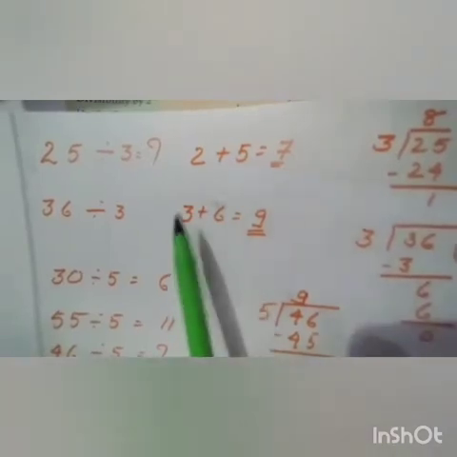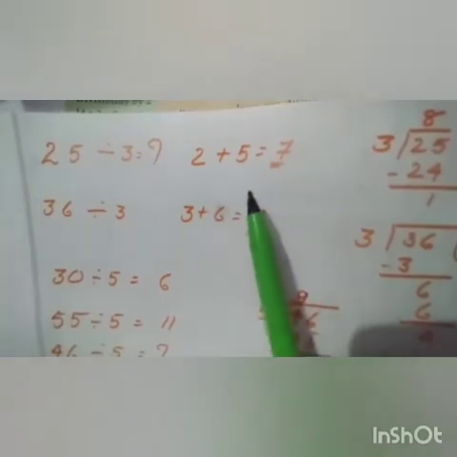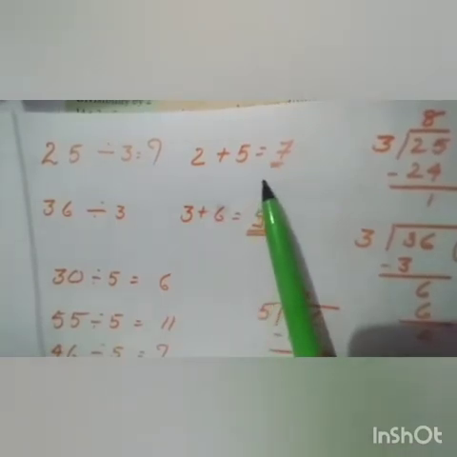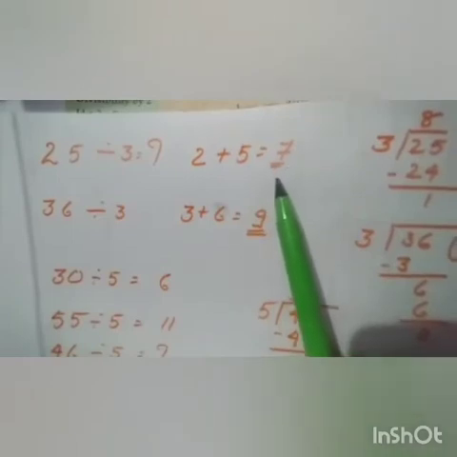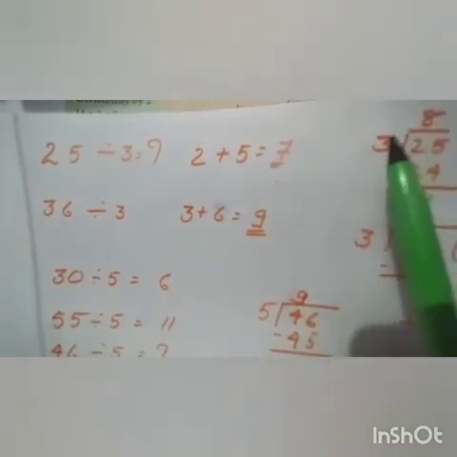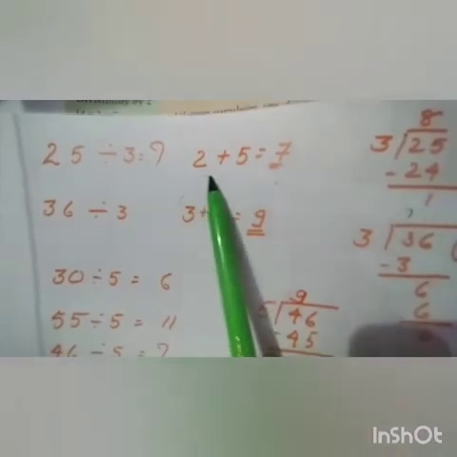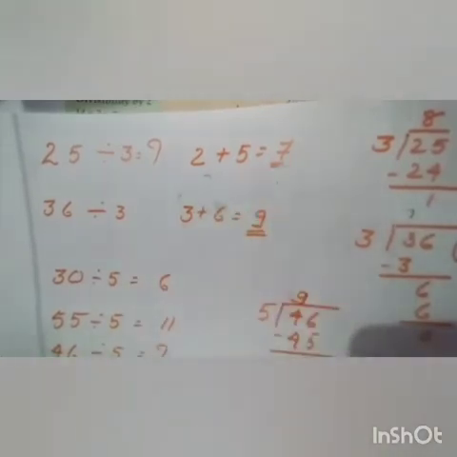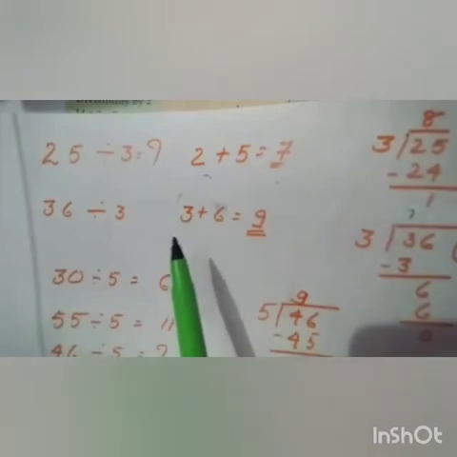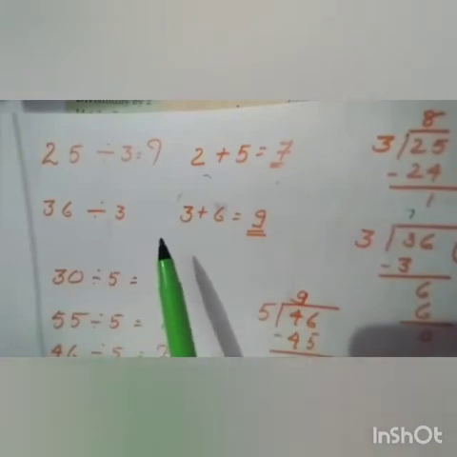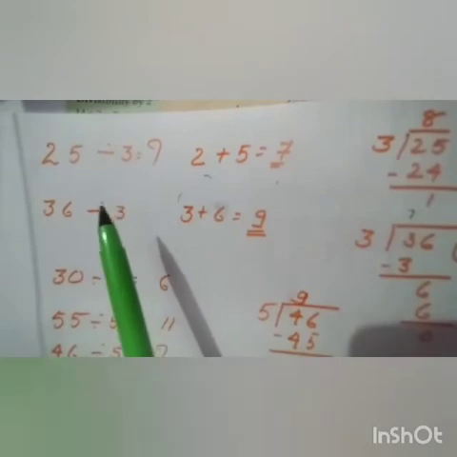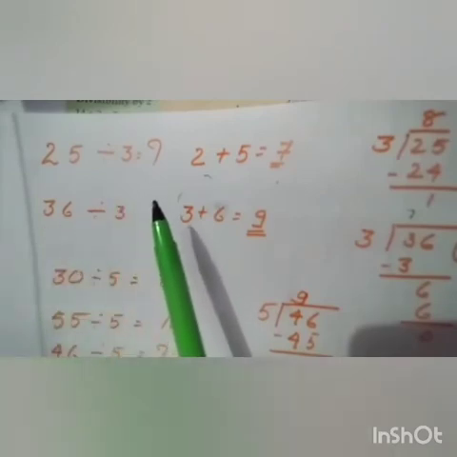Check here: 2 plus 5 equals 7. 7 is not a multiple of 3, so 7 is not exactly divisible by 3. Check here: 8 3s are 24, and you get the remainder 1. That means 25 is not divisible by 3. You can check it: 2 plus 5 equals 7, and 7 is not a multiple of 3. So 25 is not divisible by 3.